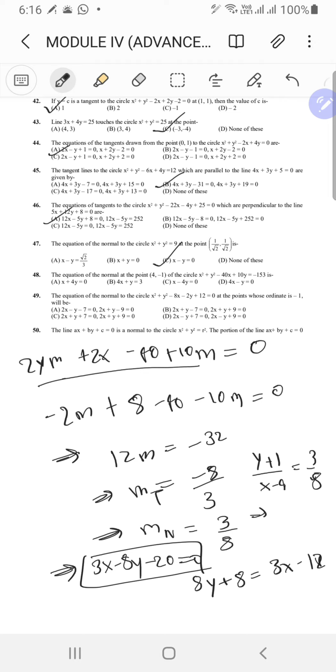But that's not what we got, right? Why is this not working? I should be able to get the tangent slope just by taking a derivative, right? Then why is this not working? Okay, this is very weird.